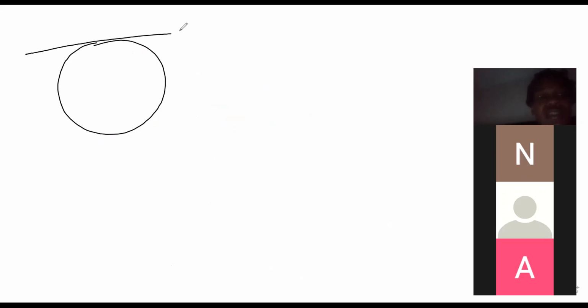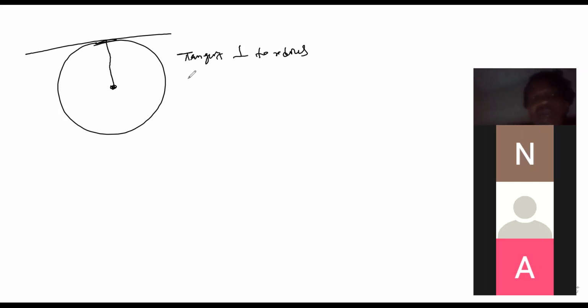You've got a tangent here, touching the circle there. We've got the center, and that's a straight line. They're telling you that the tangent is perpendicular to the radius.